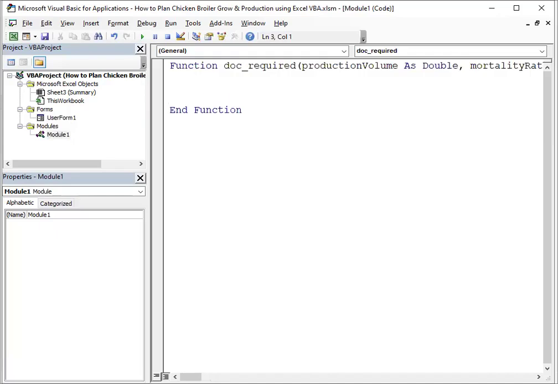So I'm going to get the equation for this, and it would be DOC underscore required equals production volume divided by 1 minus mortality rate.